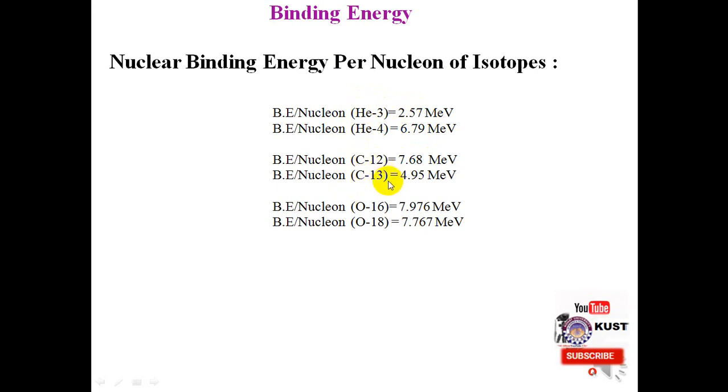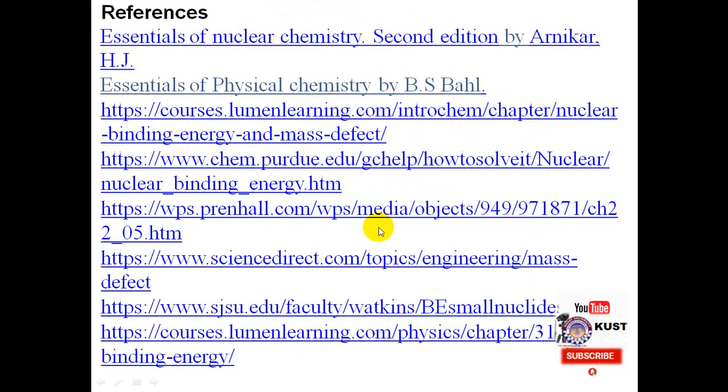Similarly, the carbon-12 nucleus is more stable than carbon-13 because the binding energy of carbon-12 is higher than carbon-13. And similarly, oxygen-16 is more stable than oxygen-18.